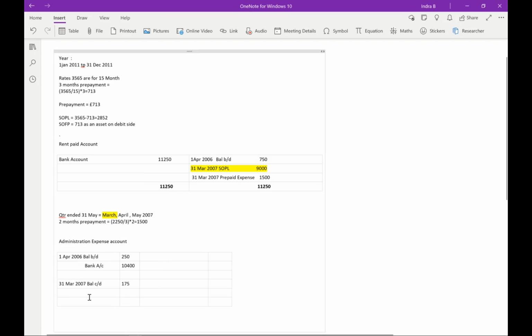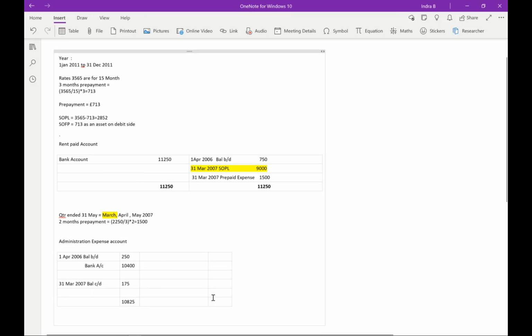So we total this account. Can you check how much? 250 plus 10,400 plus 175. Hold on a second. Is it 10,825? Sorry, 10,825. Yeah. And then we put the same figure here to close this account.